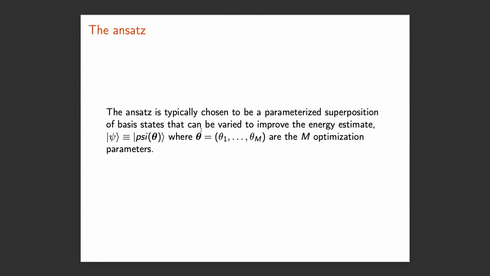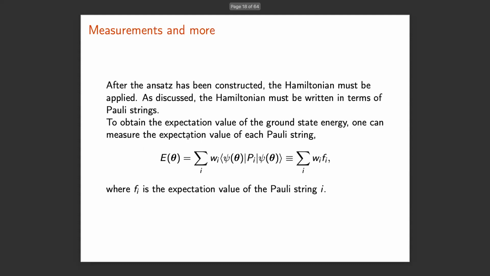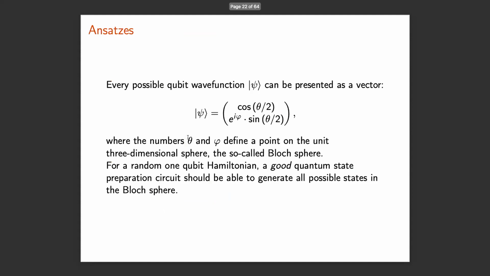Then the ansatz, which we discussed last time, is chosen to be a parameterized superposition of basis states that can be varied to improve the energy estimate. So we will make rotations on the Bloch sphere for this 1-qubit state. And these are the optimization parameters. And what we ended up with was actually to look at this. So I'm just going to move on a little bit here and then come back.